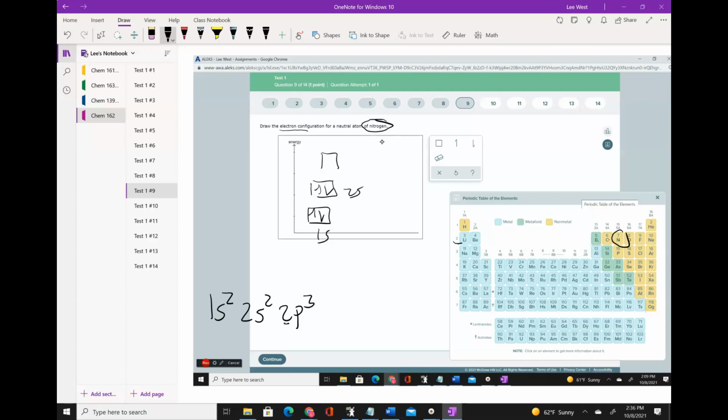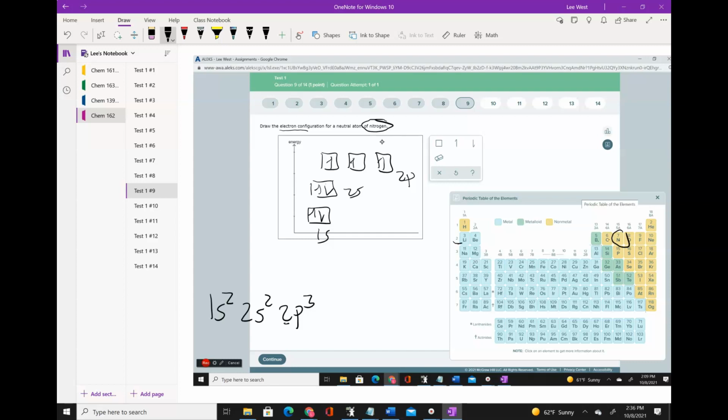Now I need a set of 3 boxes, and that represents the 2p subshell. When I put the electrons in, I put 1 electron with up spin into each of the boxes. Remember, we don't start pairing up in a subshell until every orbital has a single electron in it. We always put the first electron in directed up by convention.